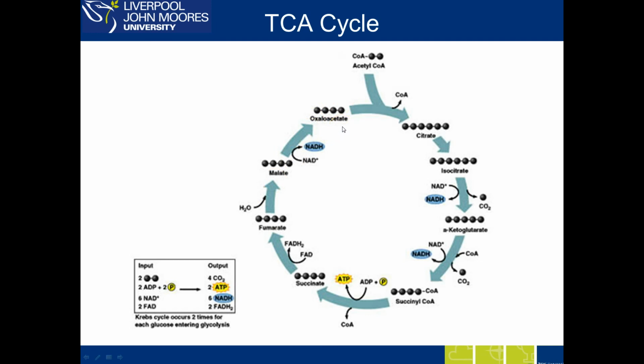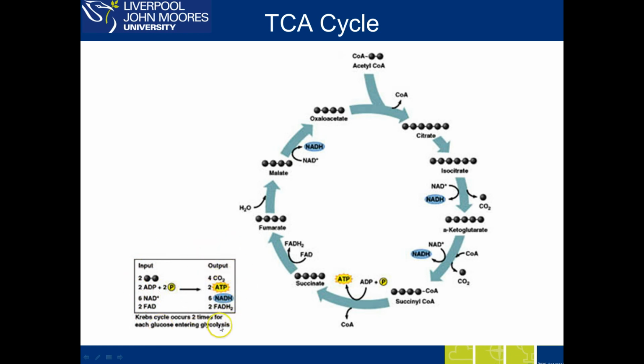And you'll notice that this series of reactions is important in generating NADH and FADH2. So over here you can see the input into the reaction and also the output of the TCA cycle.